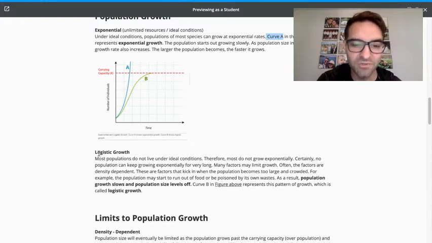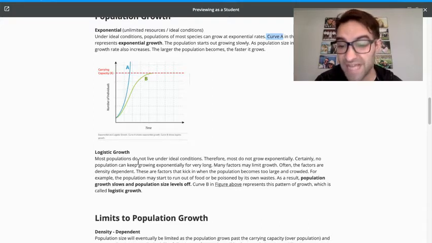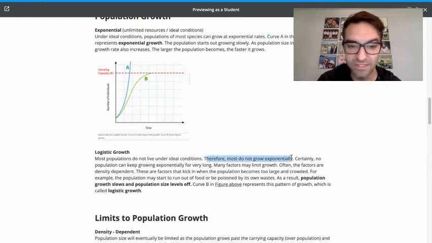But then logistic growth is what happens really to any species, because what we'll see is most organisms do not grow exponentially, but they might start off with exponential growth. So as the population is newly rising, newly taking on a new area, something like that, they might find an abundance of resources, and so they will start to have exponential population growth.